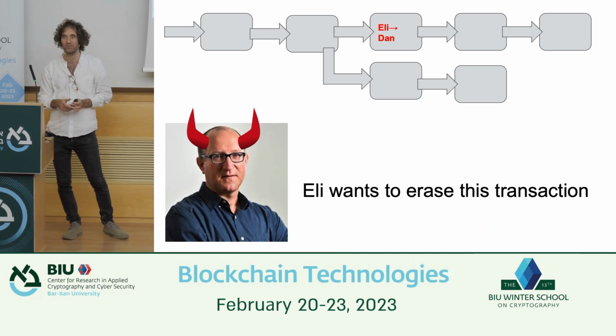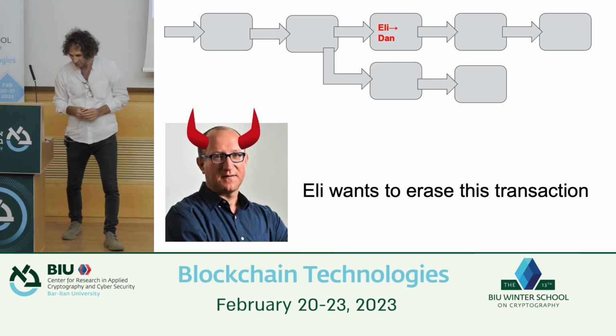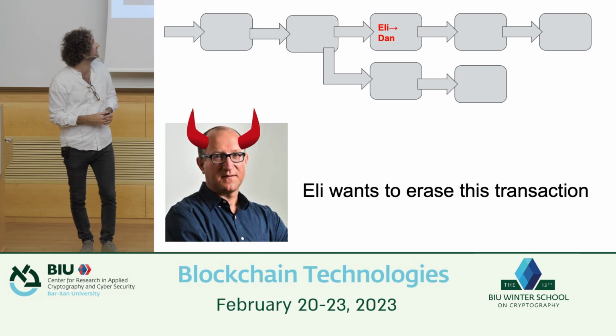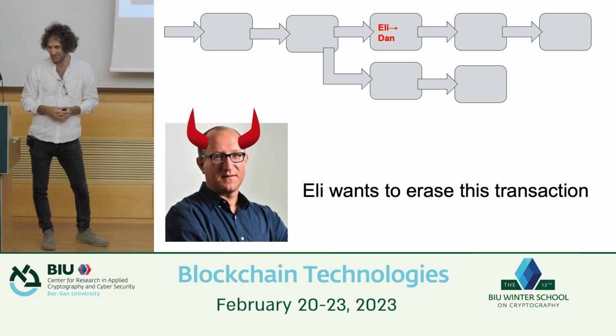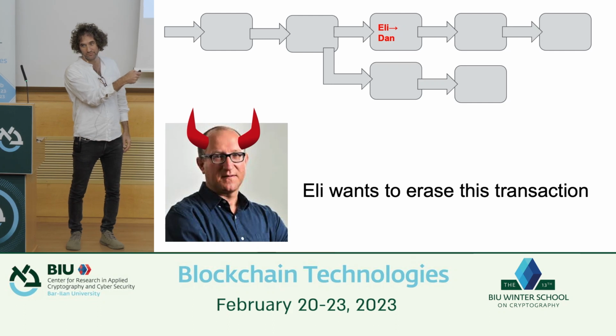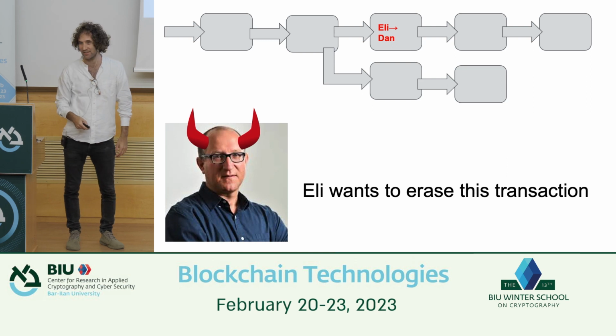All right, let's now discuss the security of this a little bit. Ellie had bought this bike or house from Dan, and he paid him, and this transaction got added here to the block. Now let's say that he wants to erase this transaction and use the money again.